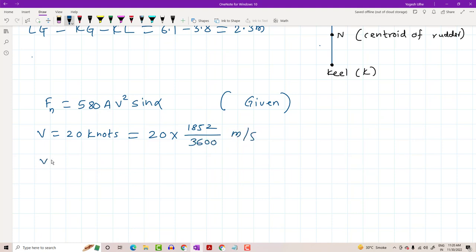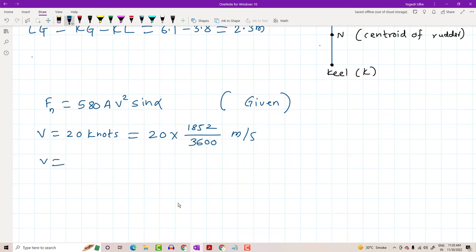So please do the calculation, everyone, and try to get the value of V. 20 multiplied by 1852 divided by 3600.